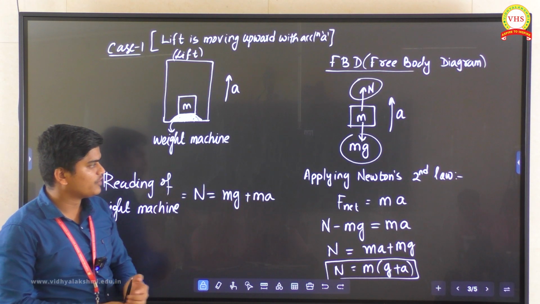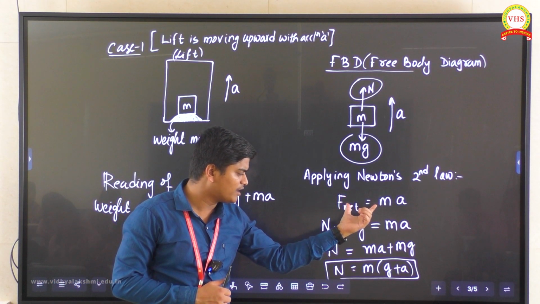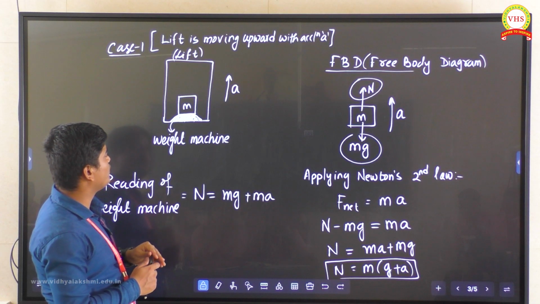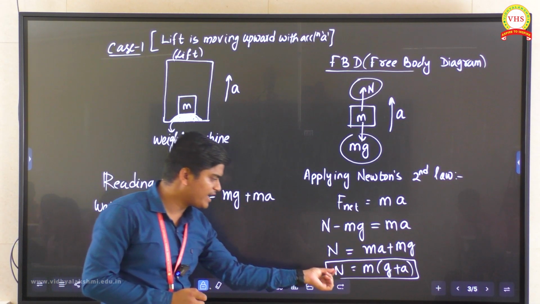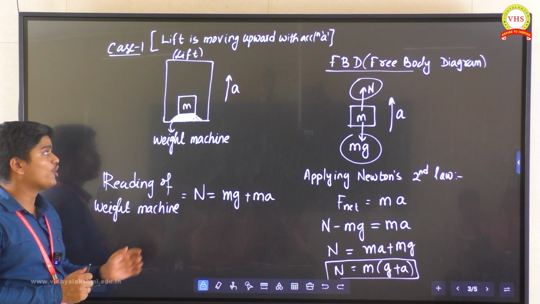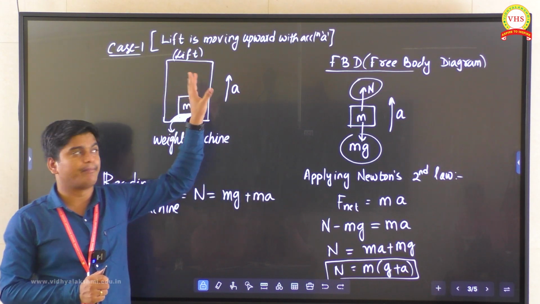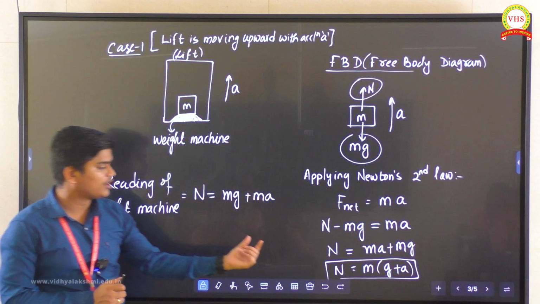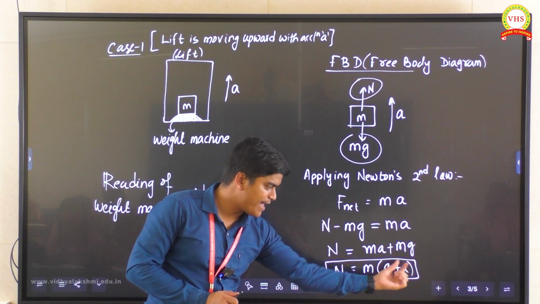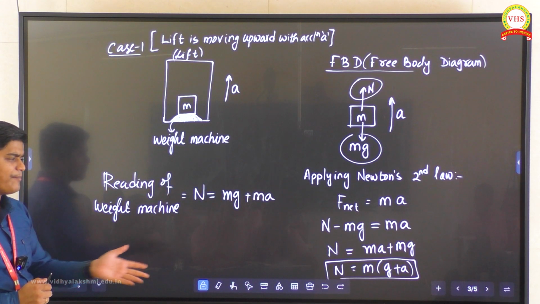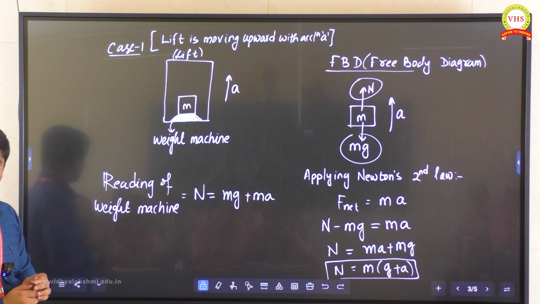Because of Newton's second law, whatever you applied here, you got the N value. So in this question, if you want to find the normal reaction, the reading of the weight machine, or the apparent weight of the person or object standing here, that normal reaction is m into g plus a, or a plus g, whatever you write.